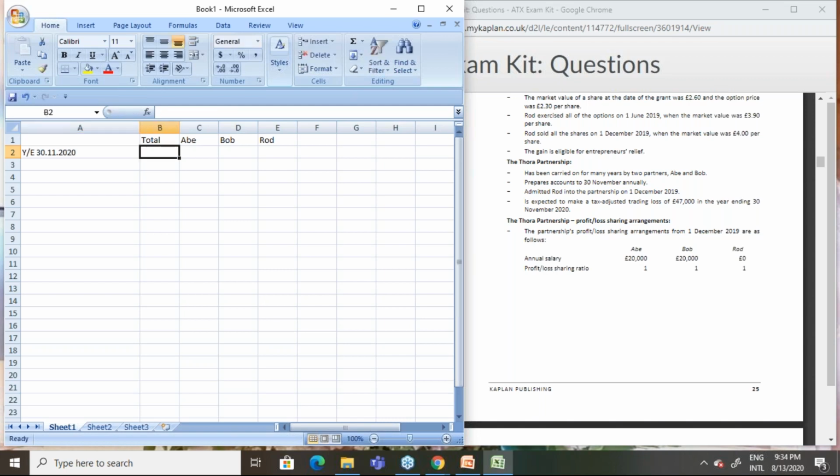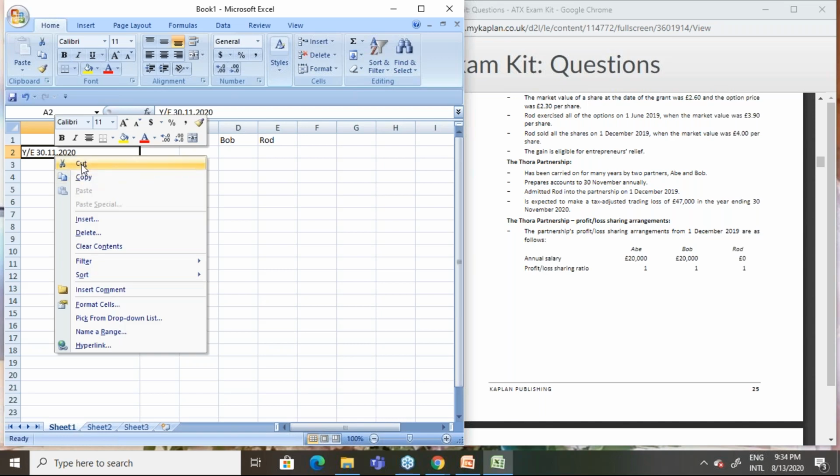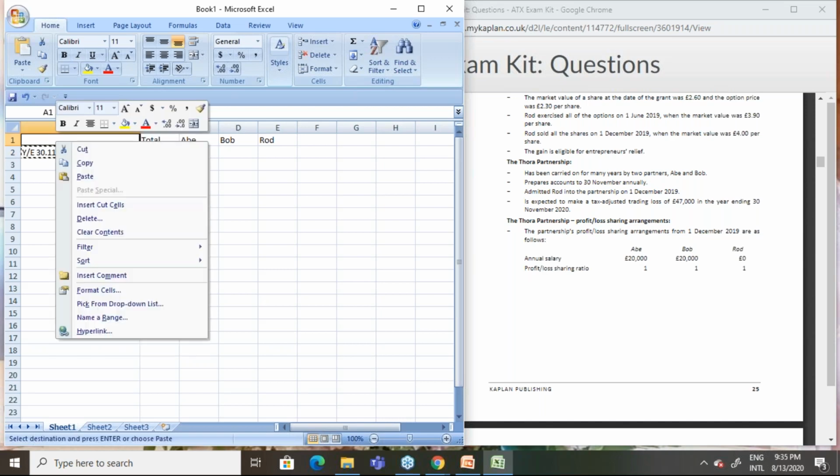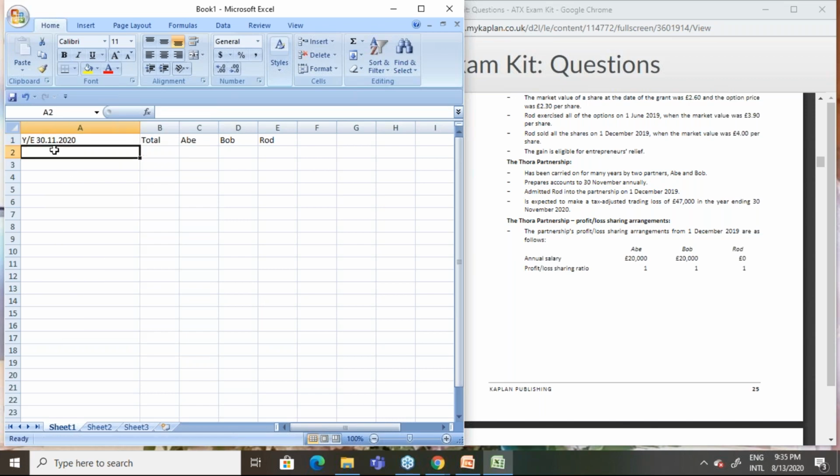The total loss is £47,000. From that, you pay a salary of 20,000 to Abe and 20,000 to Bob.